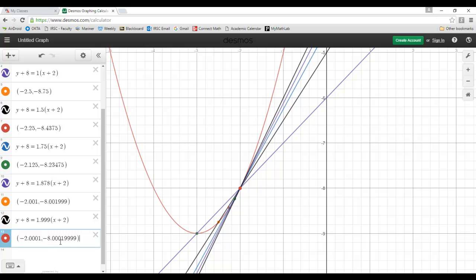Okay? All right, see how we're getting closer and closer to -2, -8. So this is a point I've picked even closer to -2, -8. Let's find the slope of the secant line between this point right here and my original point of -2, -8. So let me do that real fast.